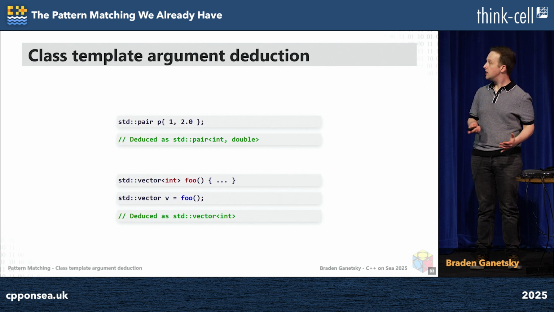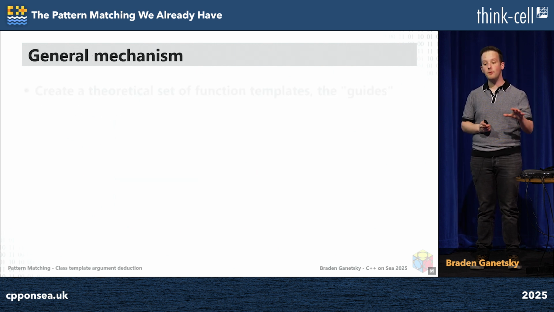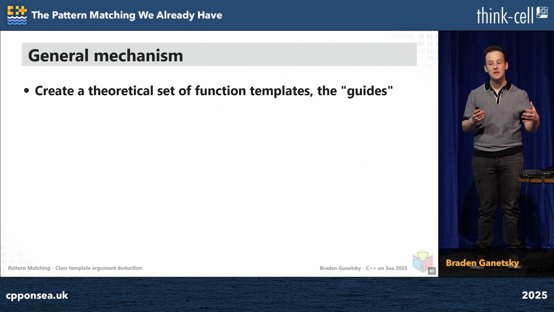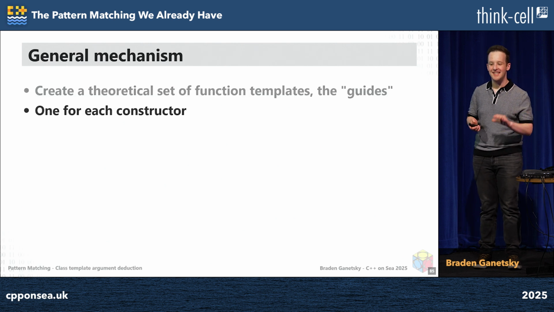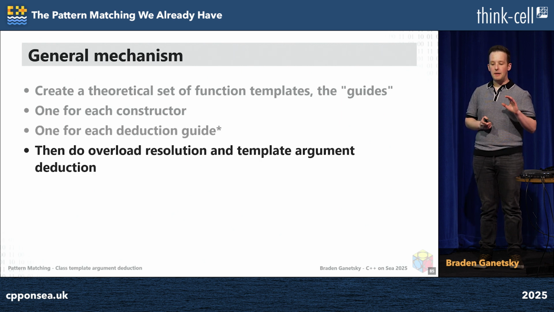How does this work? Basically, I'll talk about the general mechanism, and then I'll talk about deduction guides. The general mechanism is that we create a theoretical set of function templates called the guides, not to be confused with the deduction guides, just the guides. There is one for each constructor, and there is one for each deduction guide. There are a few others, but I won't get into the details of that here. And then we do overload resolution and template argument deduction.